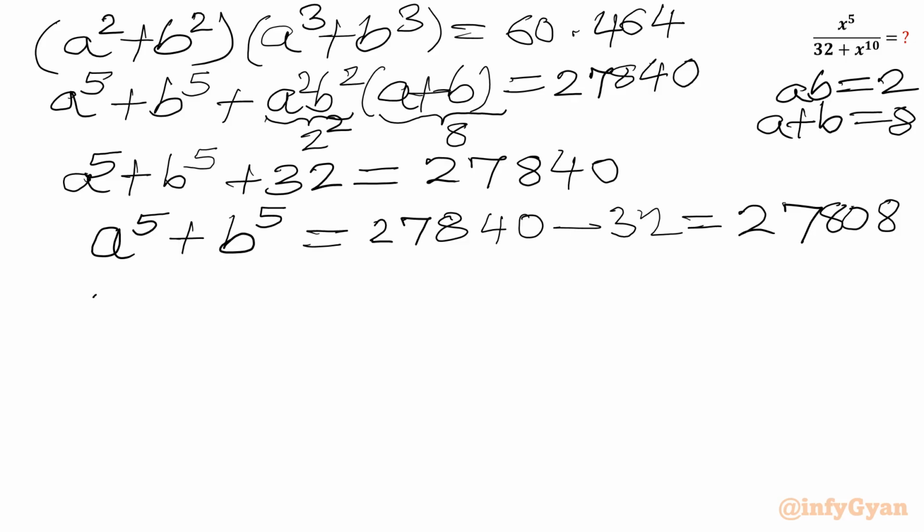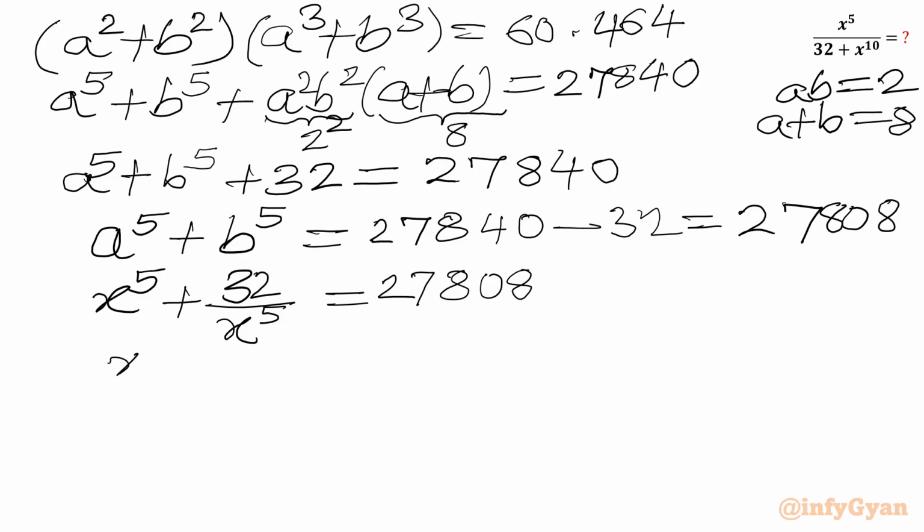Now a was x, so I will write x power 5 plus b was 2 over x, so it will become 32 over x power 5 equal to 27,808.